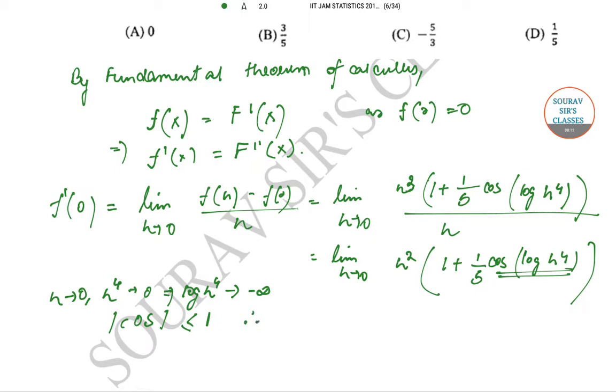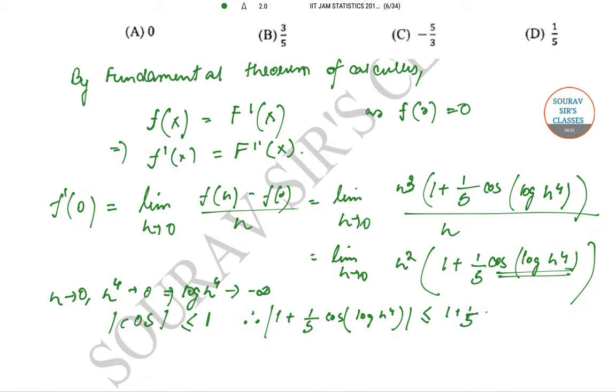and therefore the modulus of 1 plus 1 by 5 cos log h to the power 4 is less than or equal to 1 plus 1 by 5.